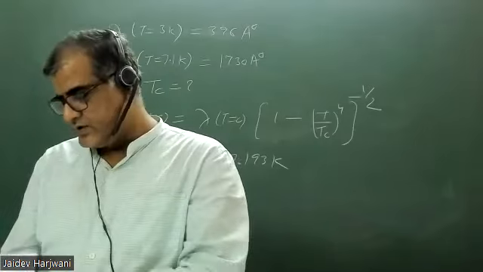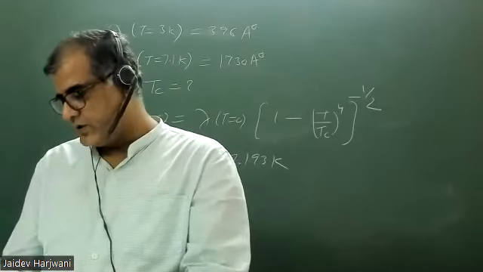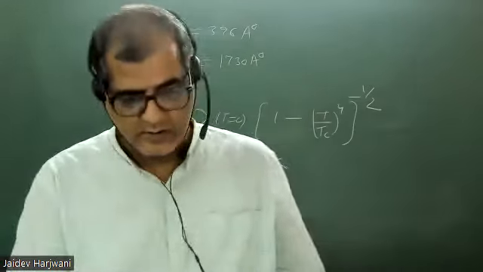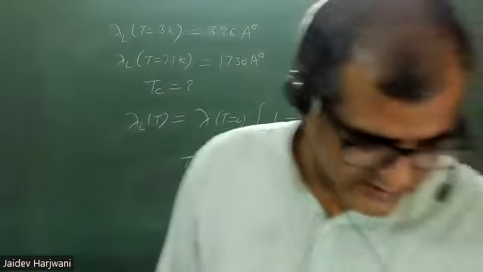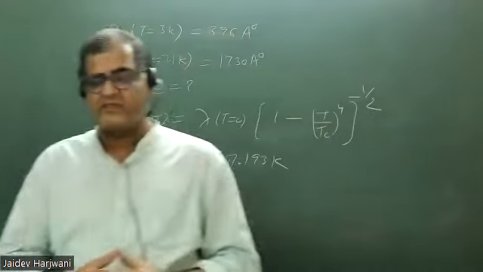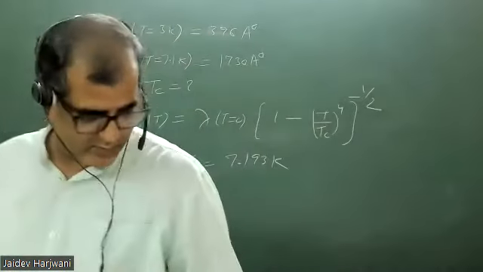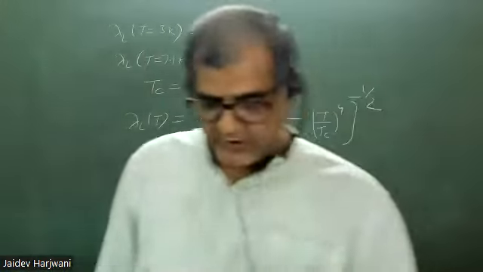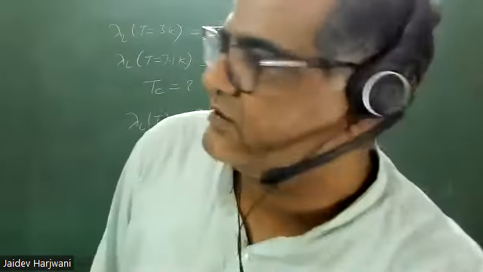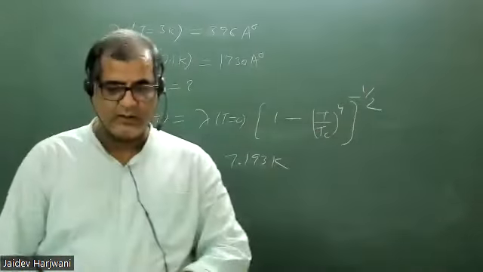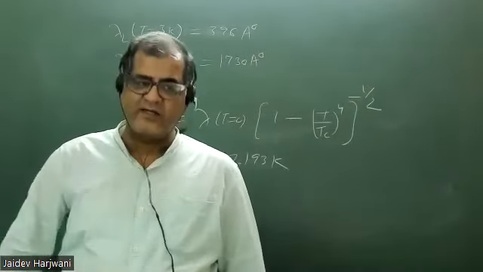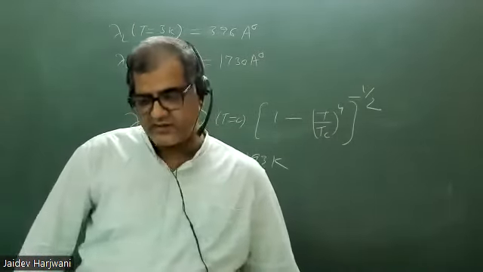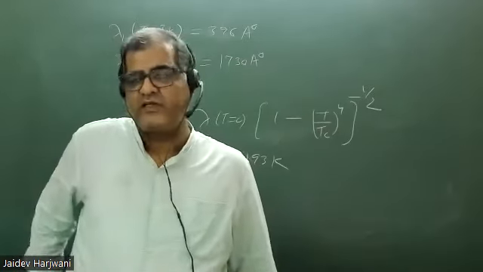So I think this chapter is finished. Sir, after this chapter, which chapter will you start? Tomorrow I'm starting electronics network analysis. Semiconductor comes after network analysis, before the diode.